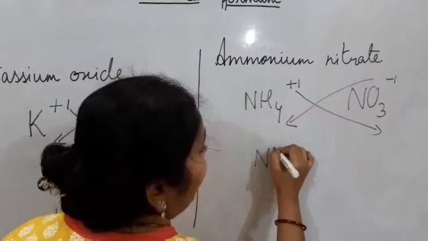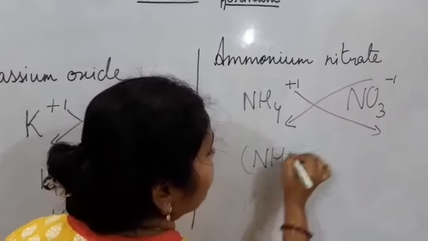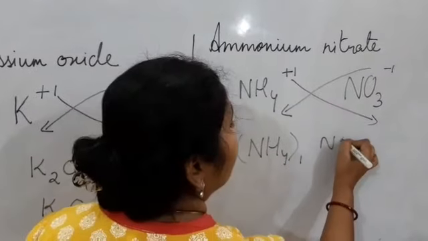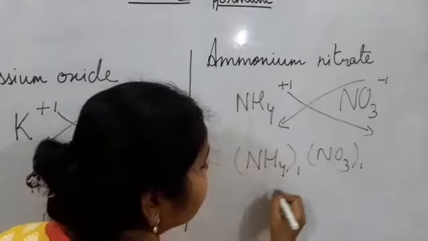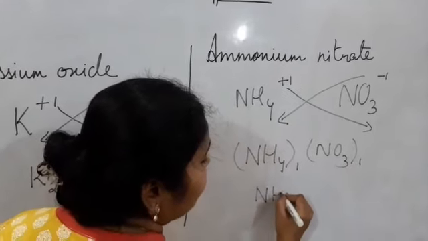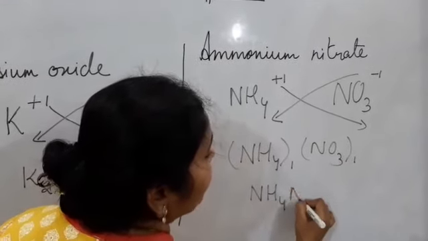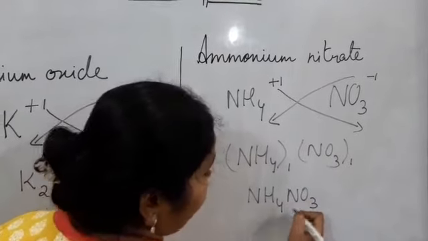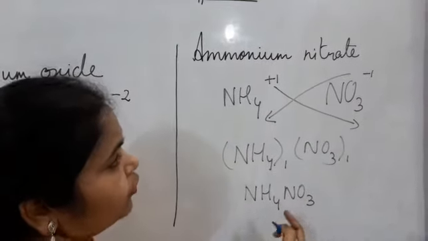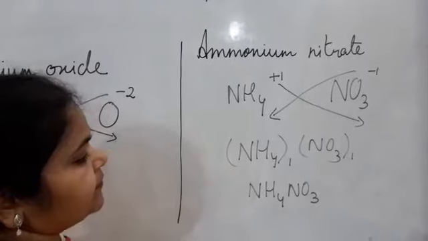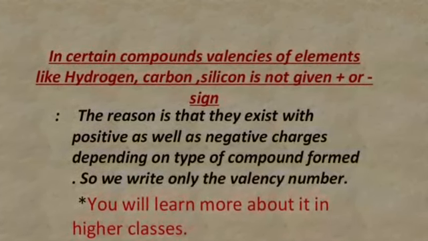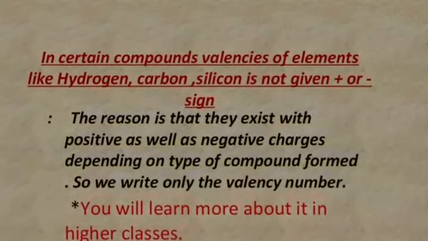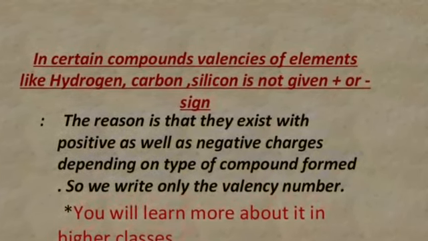So it is NH4 1 and NO3 1. As usual, we skip writing 1 and we simply write NH4NO3.